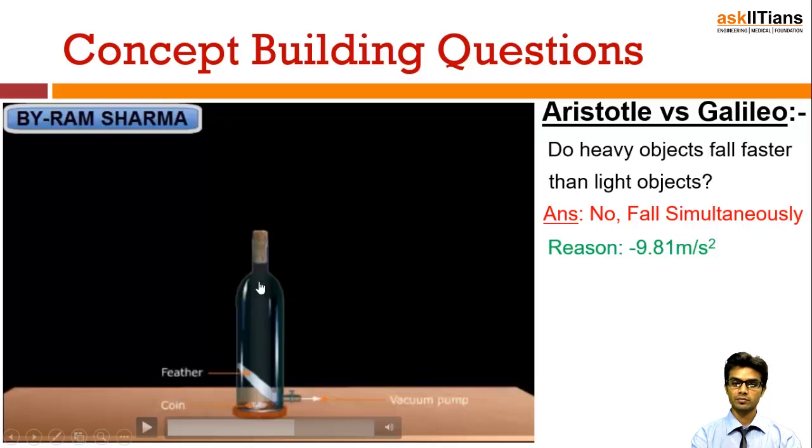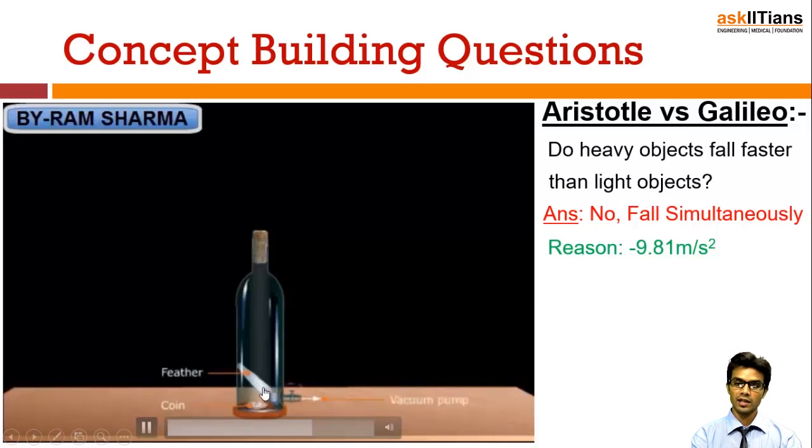This is a bottle, and this is the vacuum pump, and in the bottle we kept a coin and a feather, and we sealed the bottle. We have just started the vacuum pump and created a vacuum inside the bottle. Now let's see what happened.